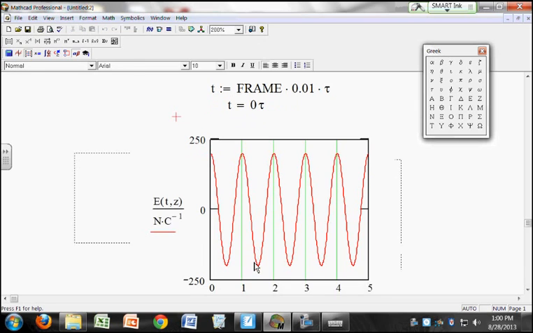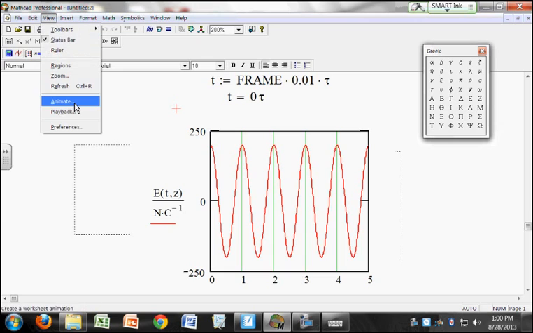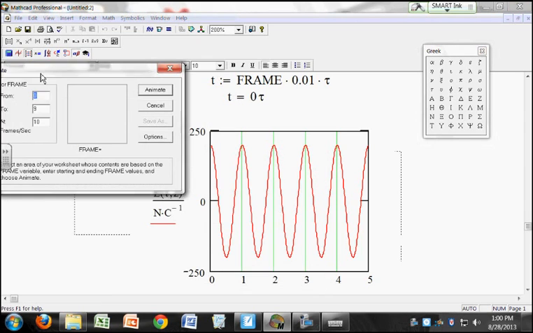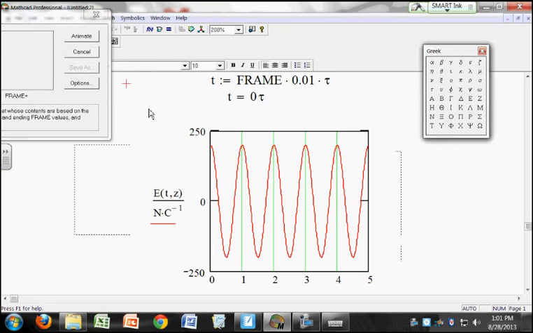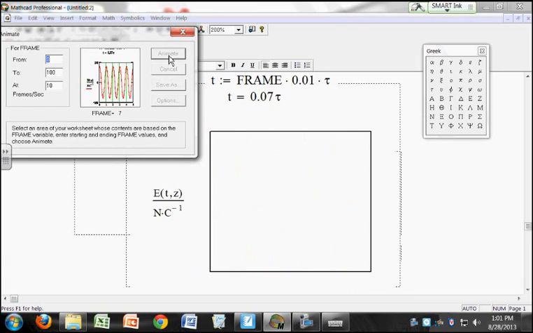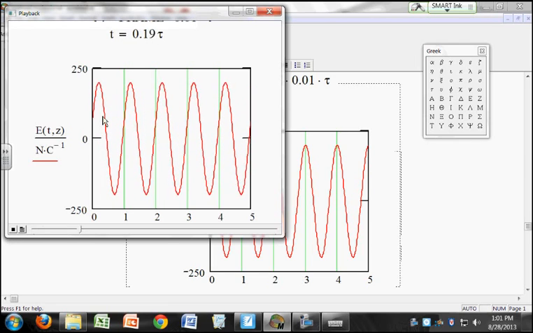So I go to View, Animate. I want to do 100 frames at 10 frames per second. And I want to see this. And hit Animate. And look at the time right here when the wave is moving. See, as time advances, you can see your plot changes.